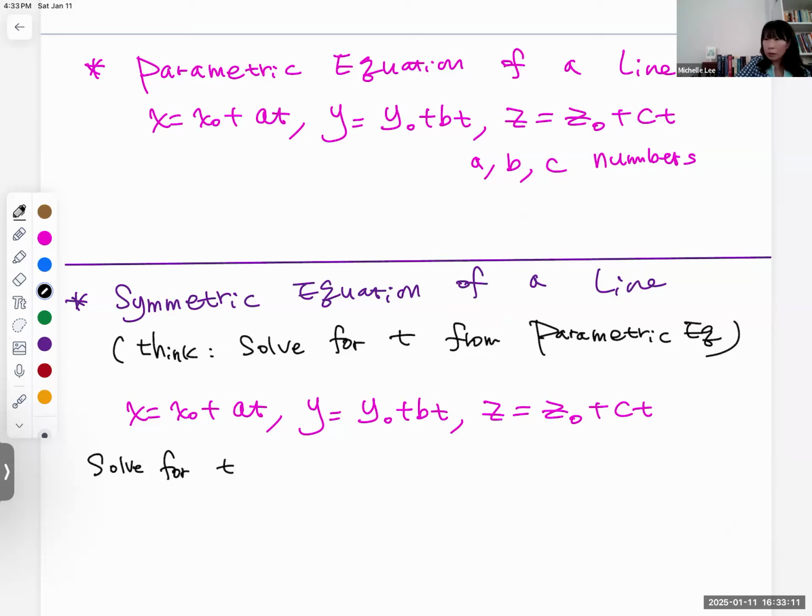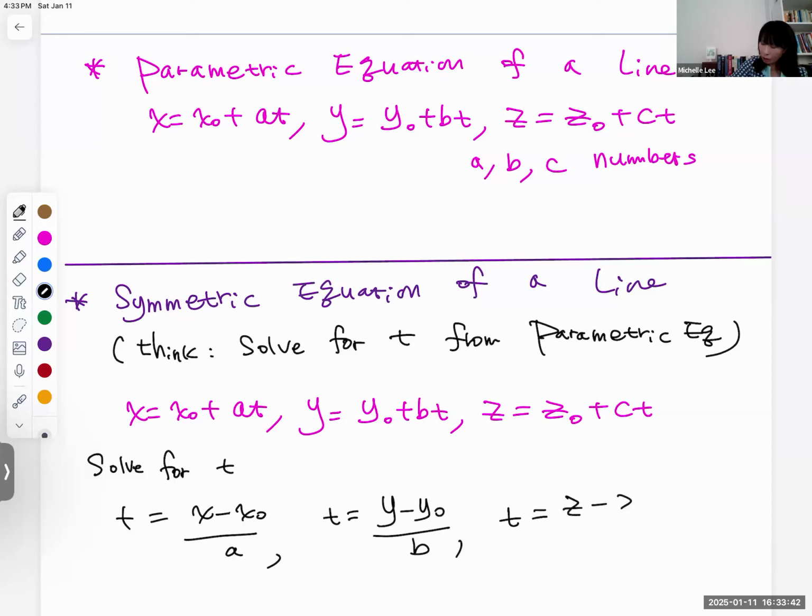So the first one, t equal to, move this one to the other side and divide by a. So there will be x minus x naught over a. And the second one, same process, t equal to y minus y naught over b. Third one, z minus z naught over c, right?